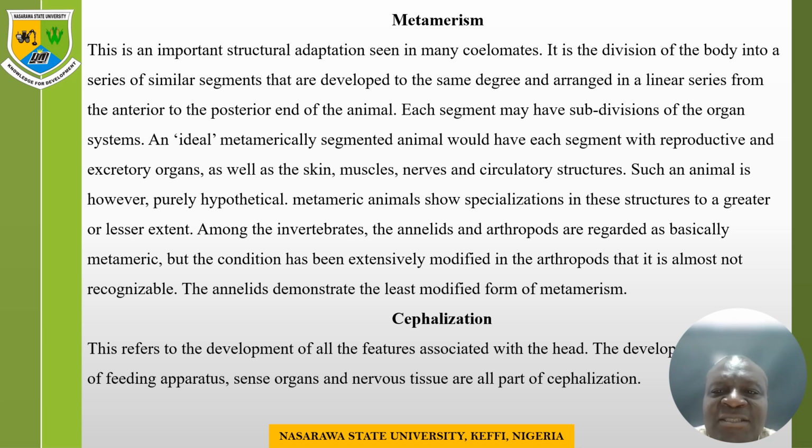Most of these segments tend to carry the reproductive and excretory organs, as well as the skin, the muscles, the nerve, the circulatory structure. Such animals, however, are purely hypothetical. Metameric animals show these structures to a greater or lesser extent.